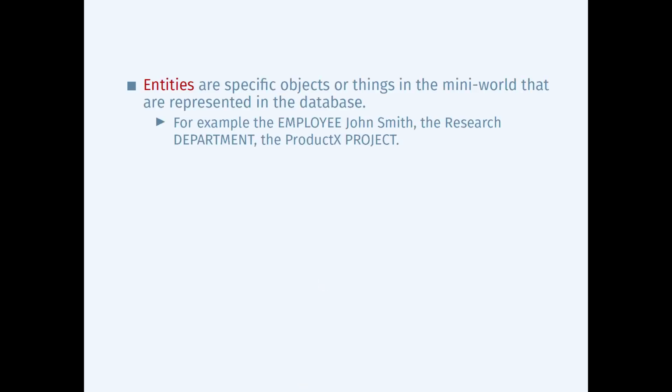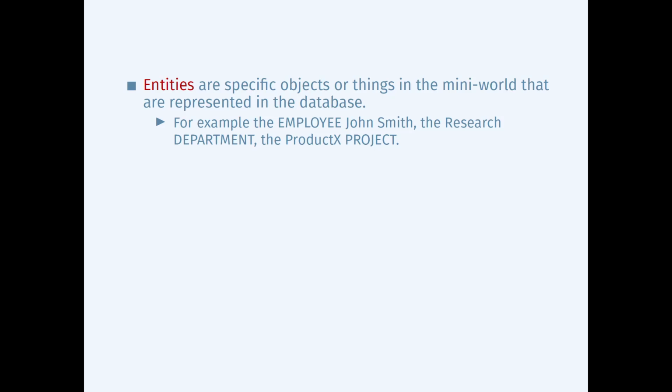Right. First one is you need to understand what entities are. So entities are like specific objects or the things that we want to represent in a database. For example, when you take a particular employee, let's say the name of the employee is John Smith, we call it an entity. When you talk about a department, let's say a research department, it's a particular entity.